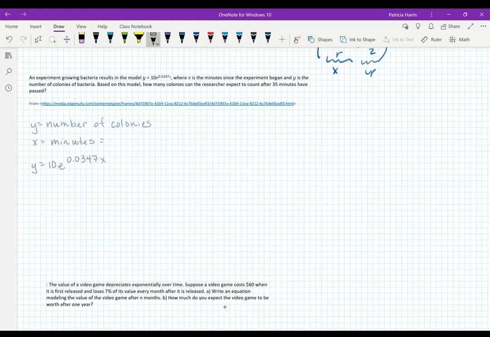So basically, what we're doing here is we're going to use our model with x equaling 35. So y, the number of colonies, is equal to 10e raised to the 0.034 times 35, since x is in minutes. I'm going to get my calculator out. Make sure that you're typing this in correctly.